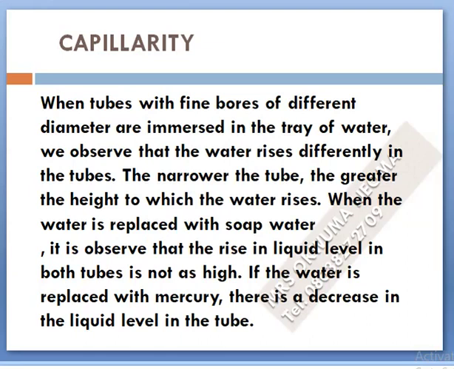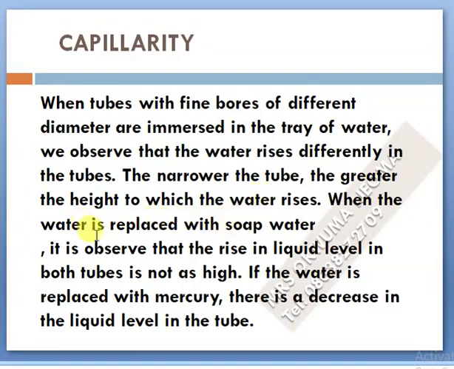Now, we find out that when tubes with fine bores of different diameters are immersed in a tray of water, you observe that the water rises differently in the tubes, and the narrower the tube, the greater the height to which the water rises.